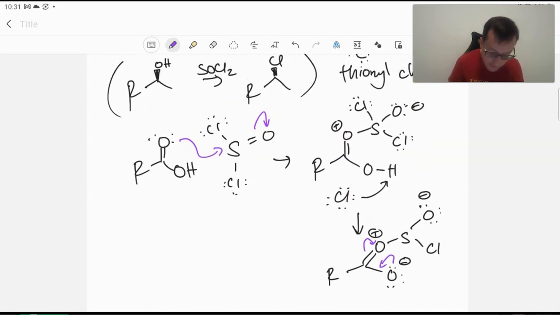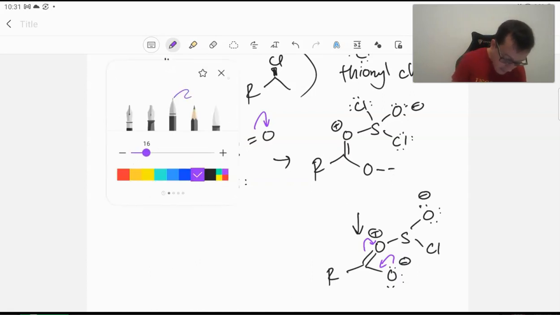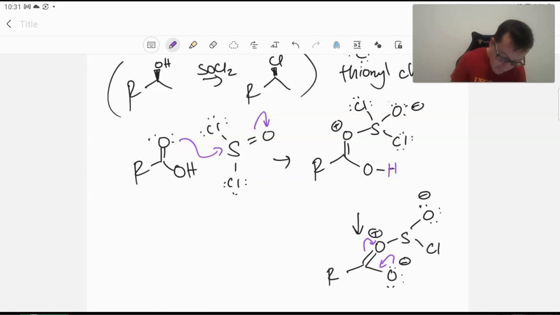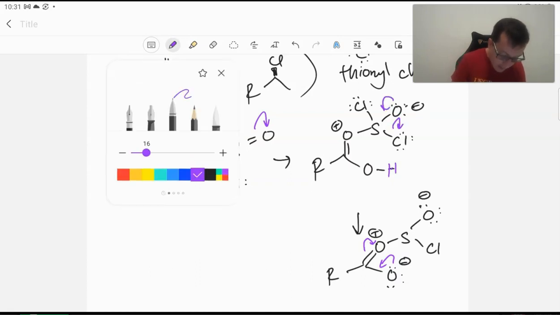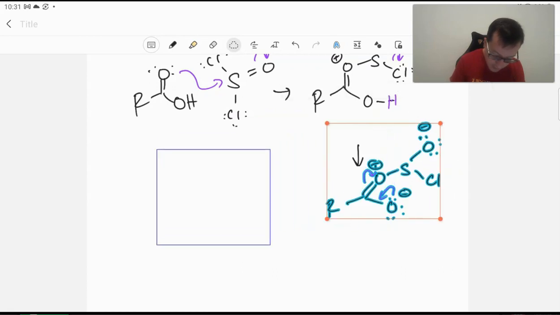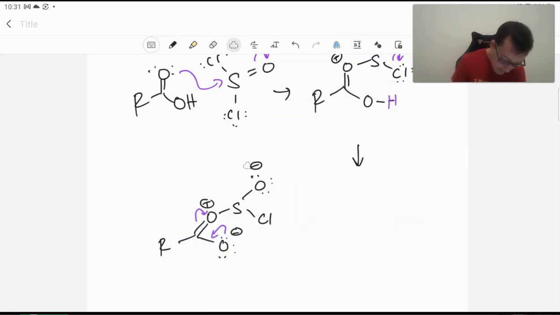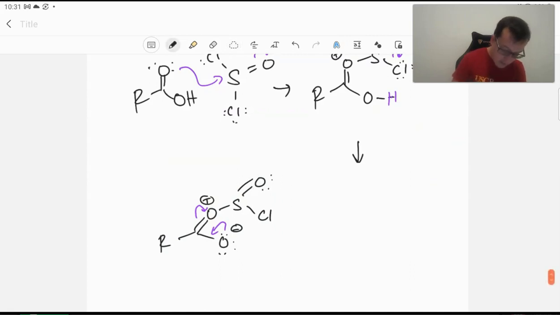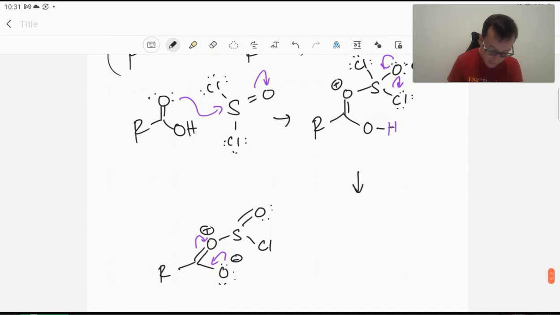I'm sorry, I drew 2 steps there. This closes down, kicks out the chlorine. Yes, there we go. And then the chlorine comes and takes the H. Sorry, I was drawing like 3 steps there at once and not in the right order. So we'll move this one over for right now. So that should have that there.